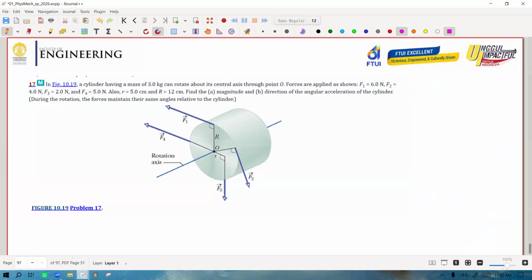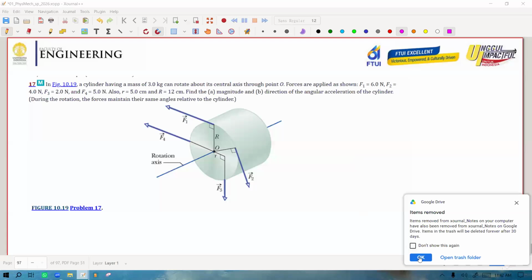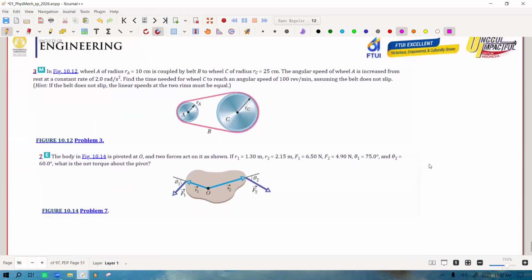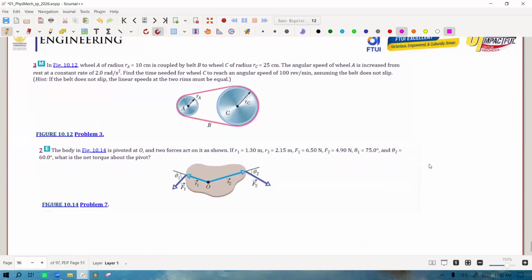Okay, any questions? Maybe you can try to solve the problem first, as usual on paper. So there are three numbers.